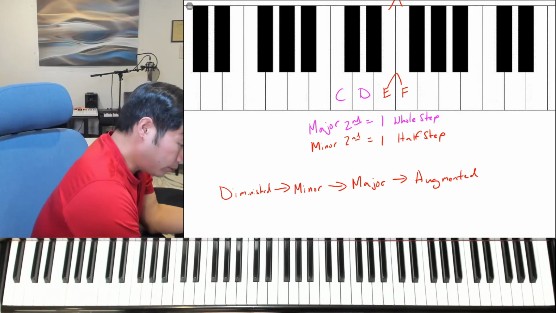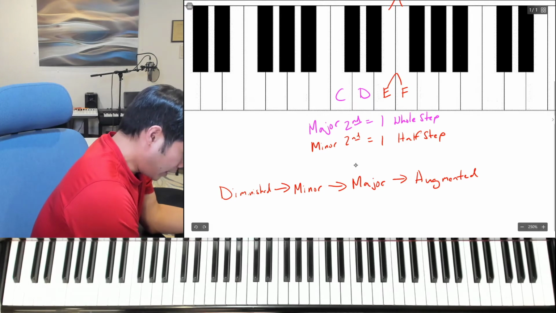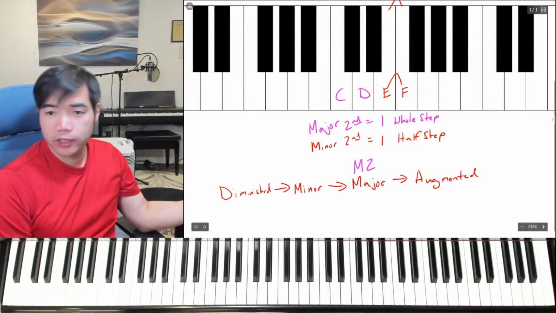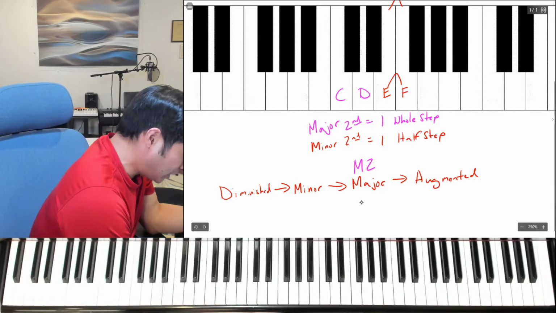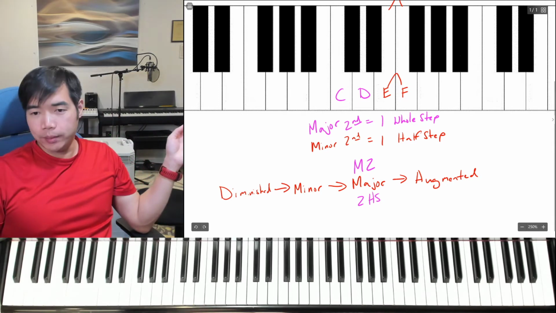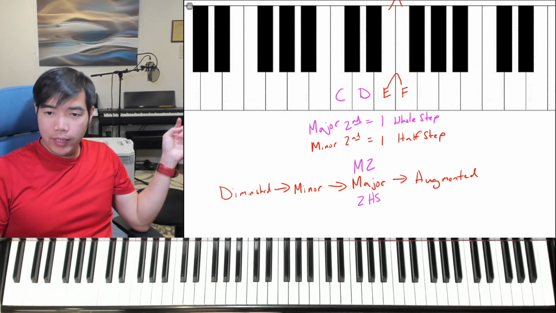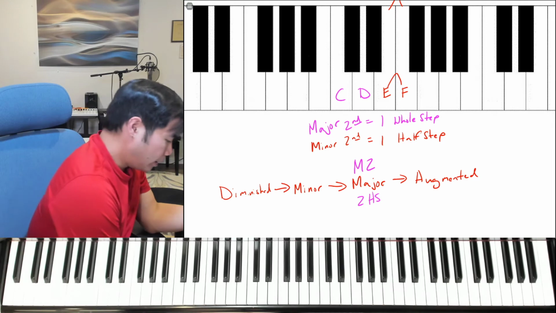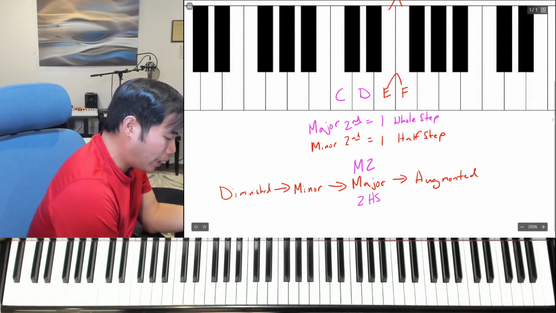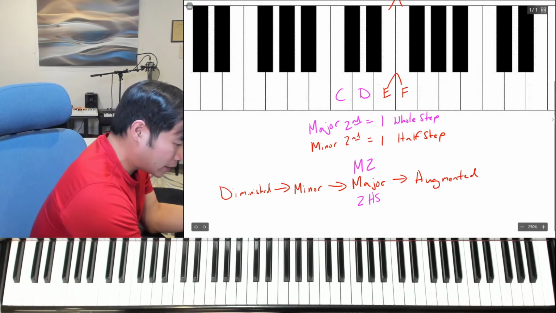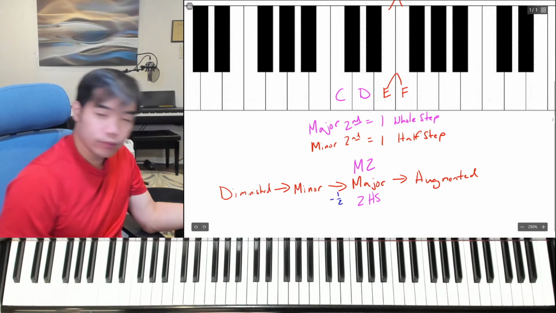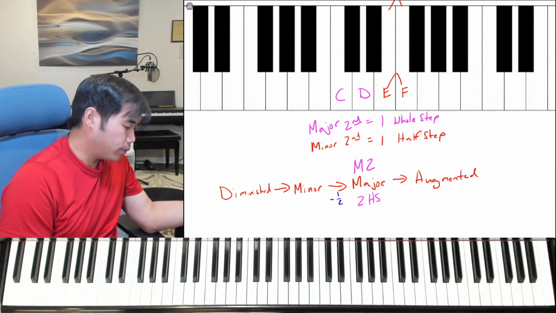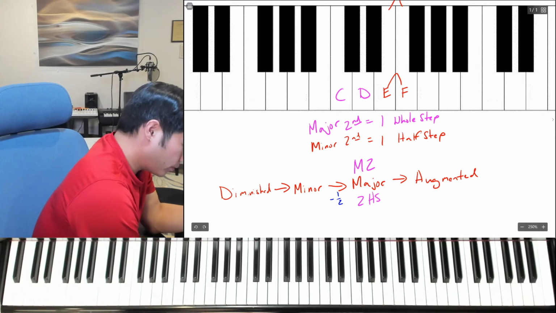So for example, the major second, which the shorthand is just capital M2, we know that this was 2 half steps. Okay, so I'm just going to write HS for half steps in this case. The major second has 2 half steps. To turn a major second into a minor second, we subtract a half step because we're going smaller, major to minor.